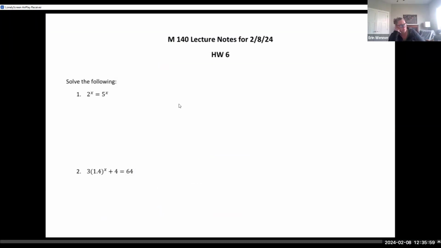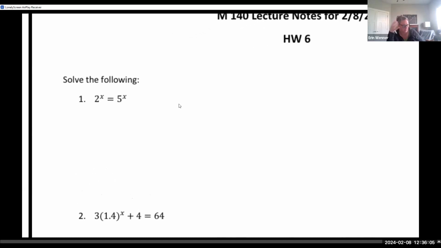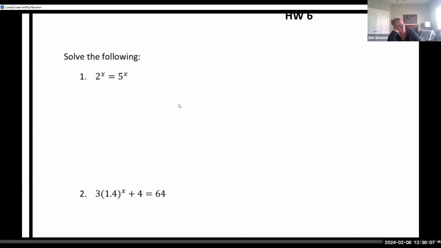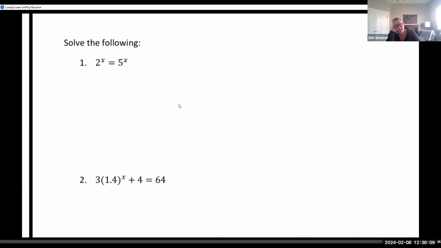And this is kind of a weird problem because what we're saying here in number 1 is more just a discussion of how we would think about this. We're saying that 2 to some power has to also equal 5 to some power, right? It's kind of a weird idea. So is there any number that we know of that I could plug in for x there that would make that true?